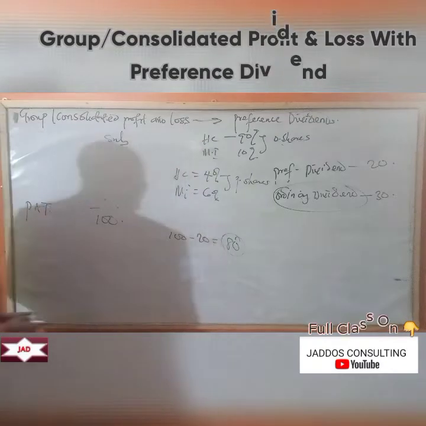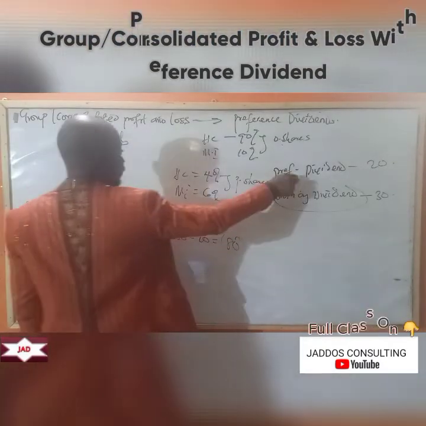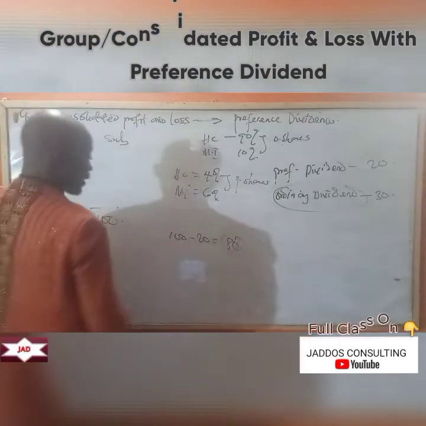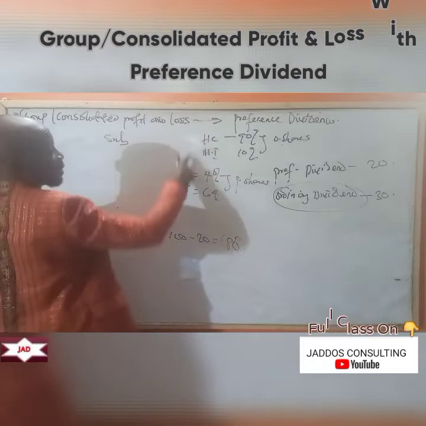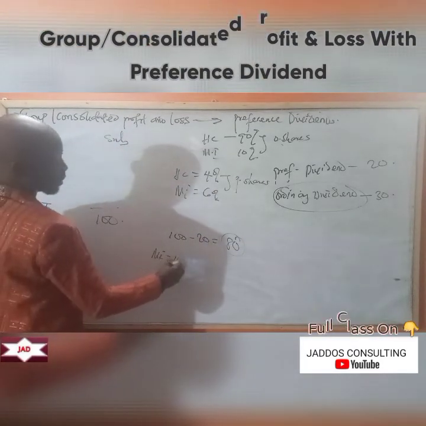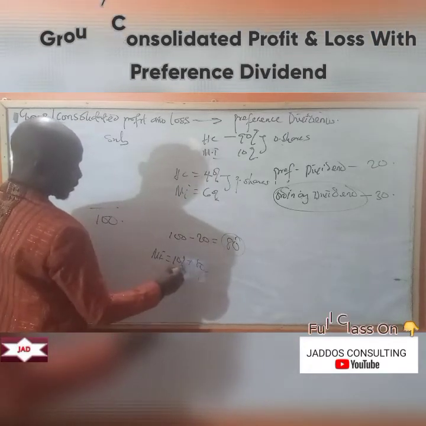This is the profit left after deducting that of preference dividend. It is on this that you can now say for ordinary share, minority interest is 10 over 100 times 80.